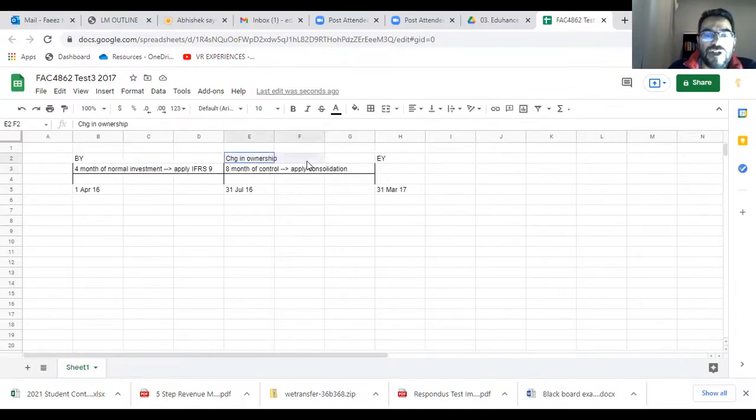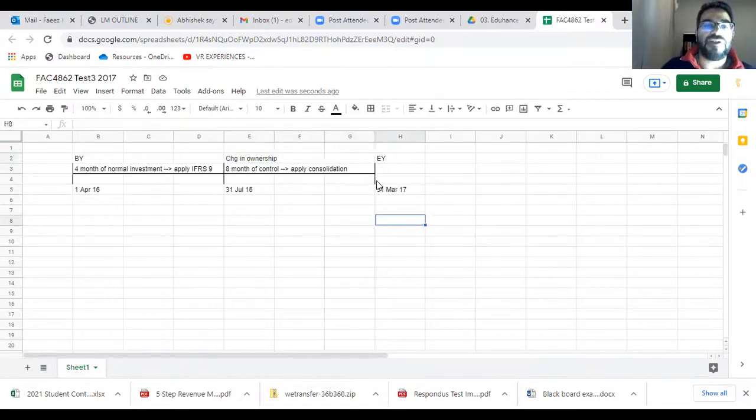For 8 months, I have to consolidate PAV, and as a result I must bring on 100% of PAV's assets, income and expenses on a line-by-line basis, but only the income and expenses during these 8 months, not the entire year. Very important.